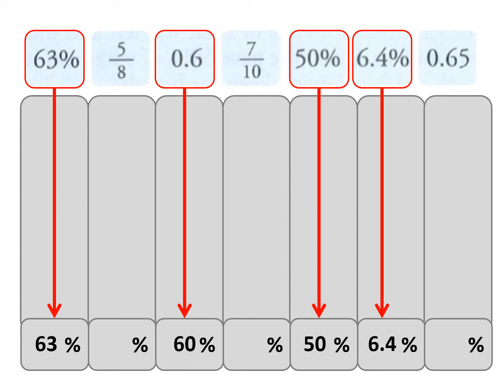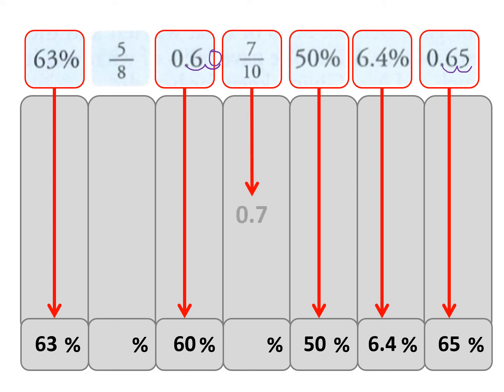So we're going to go 1, 2, 60%. For 65 hundredths, we're going to move the decimal point over twice, and we get 65%.